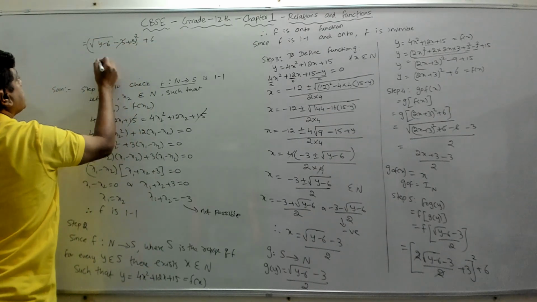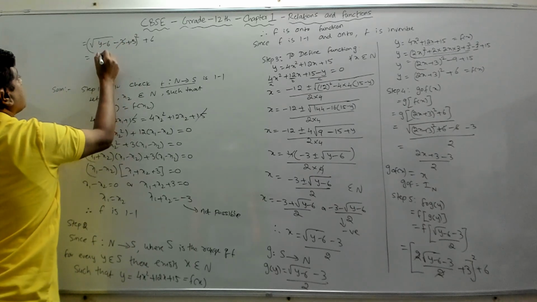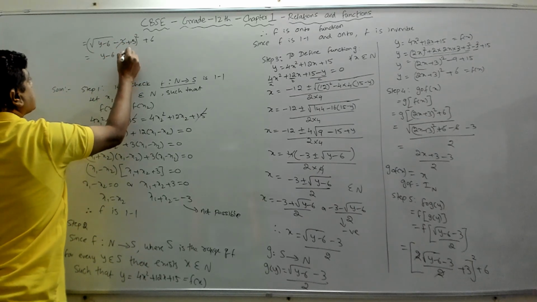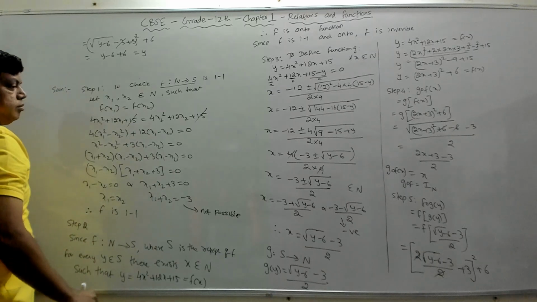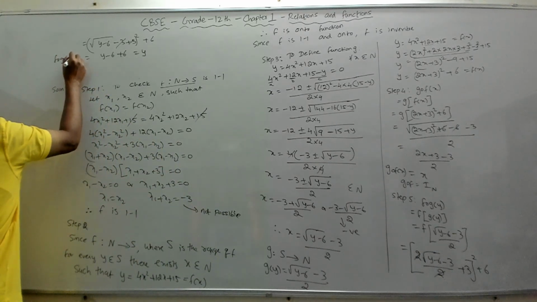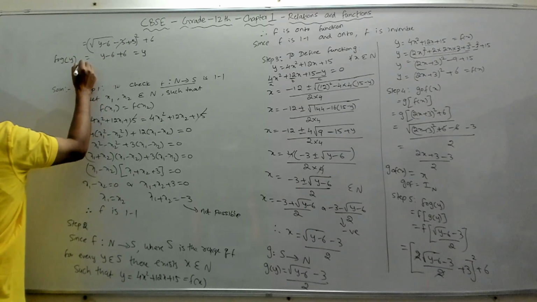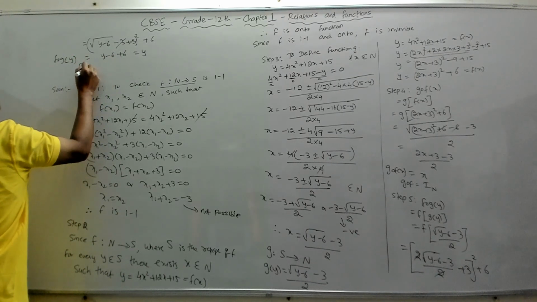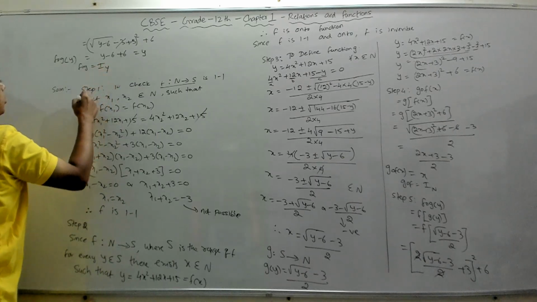So these two will get cancelled. Square root of y minus 6 the whole square will give y minus 6, and this is plus 6. Finally, you will get y. So what we have proved? We have proved f of g of y is equal to y.